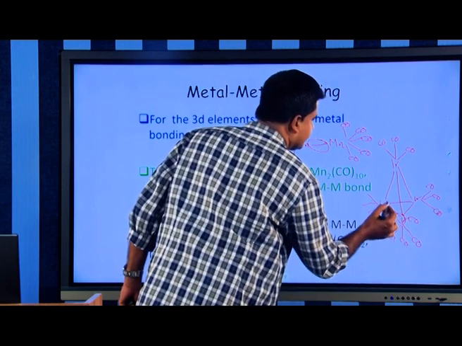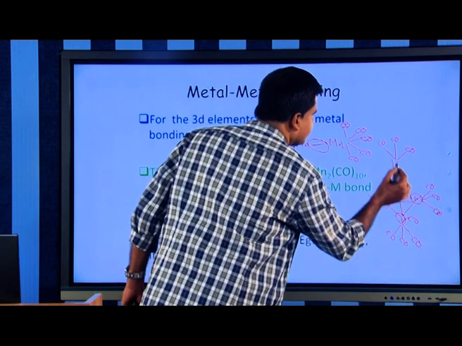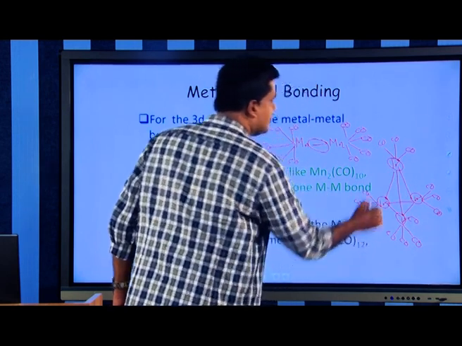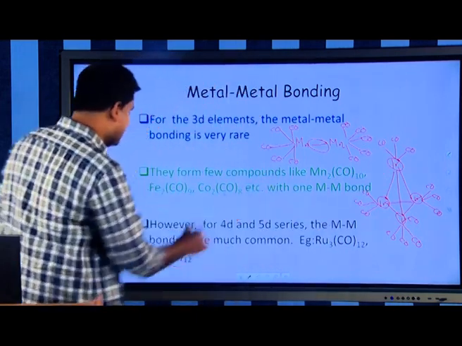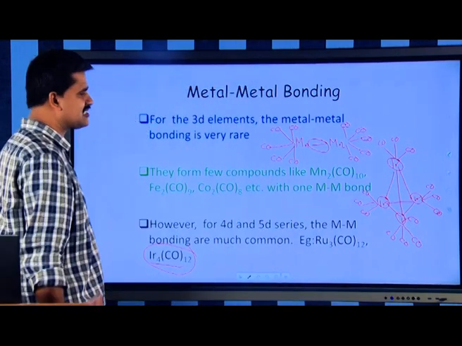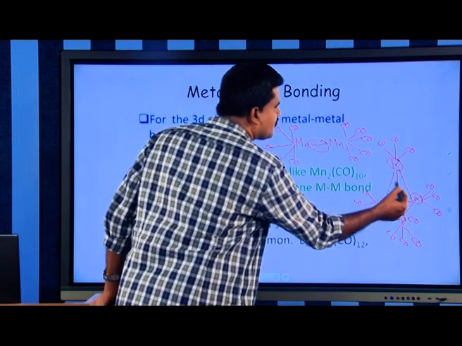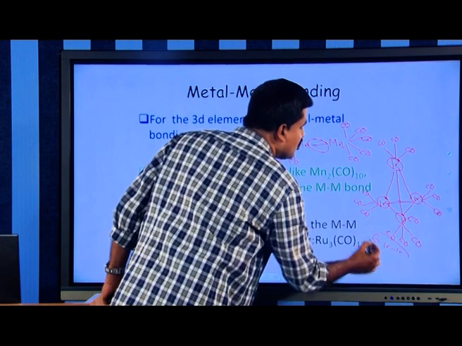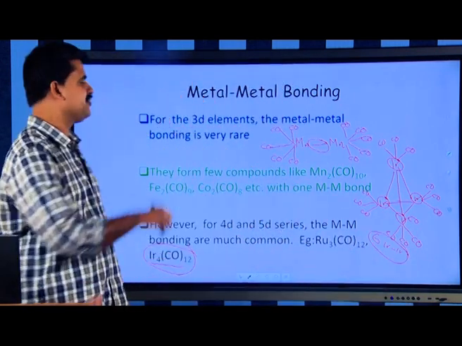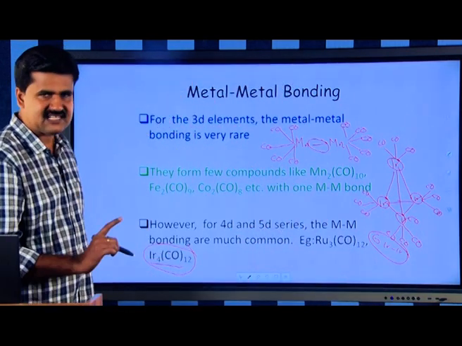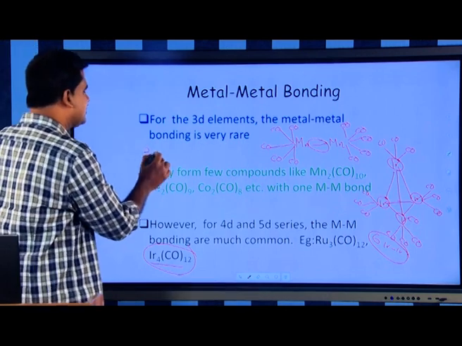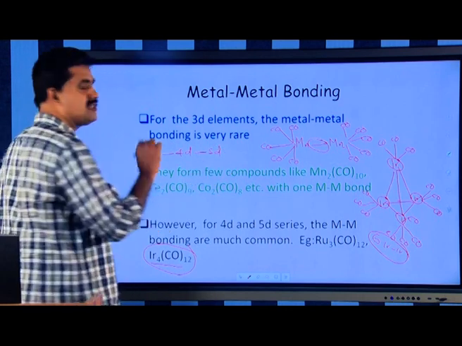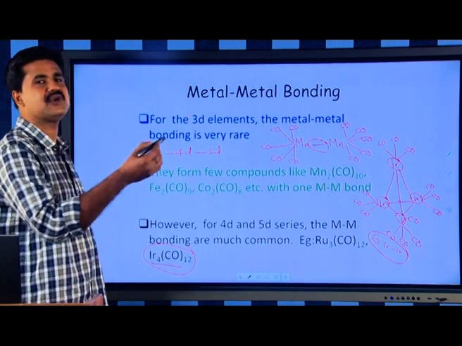This is iridium, this is iridium, this is iridium, this is also iridium, with CO, CO, CO. From this structure, it is clear that in a single Ir4(CO)12 molecule, we can see the presence of 1, 2, 3, 4, 5 and 6 iridium-iridium bonds. That clearly indicates that as we move from 3d to 4d to 5d, the possibility of metal-metal bond formation increases.